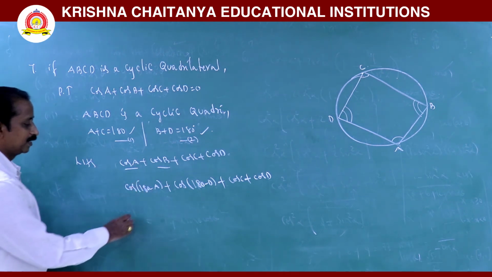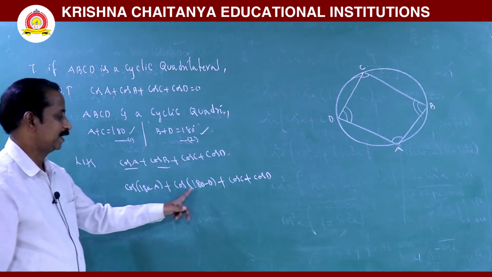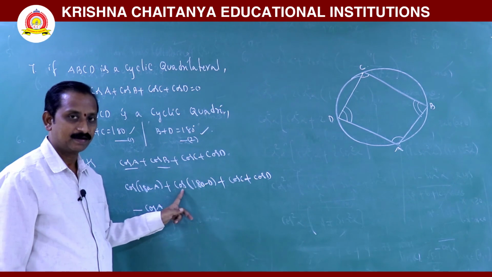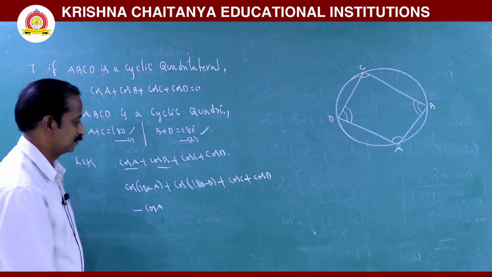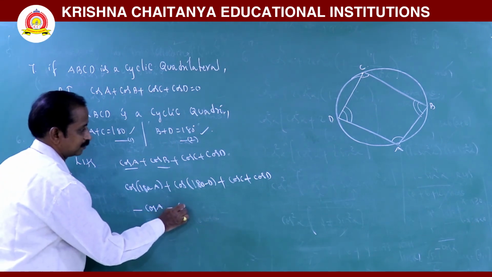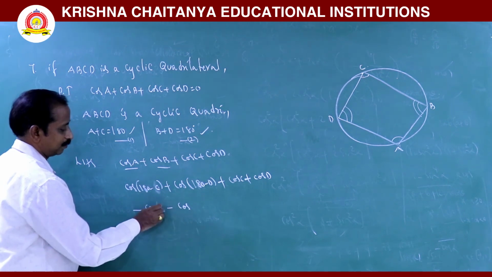So its value is minus cos A. Here also 180 minus D lies in the second quadrant, cos is negative, and the trigonometric ratio does not change. So its value is minus cos D.